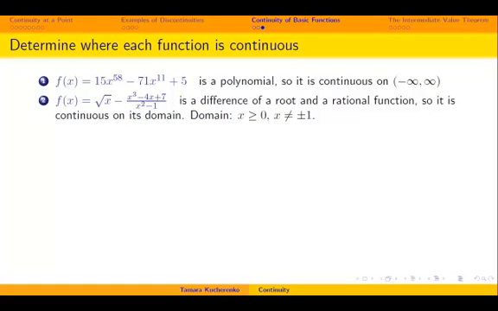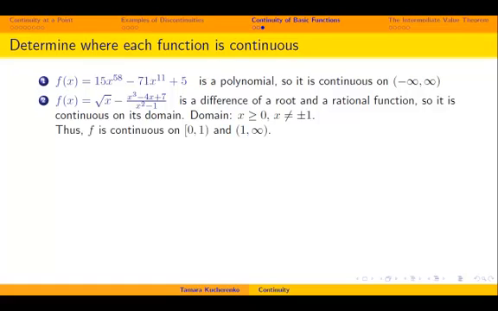Also, the denominator of the rational function cannot be 0, so x cannot be plus or minus 1. Rewriting the domain of this function in interval notation, we get the intervals where f of x is continuous.